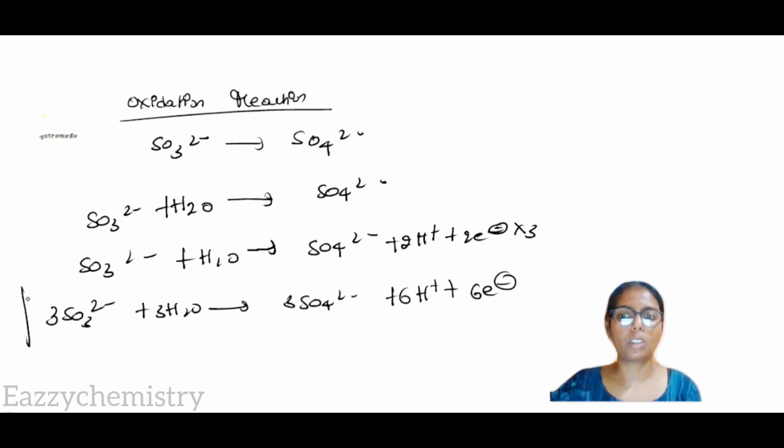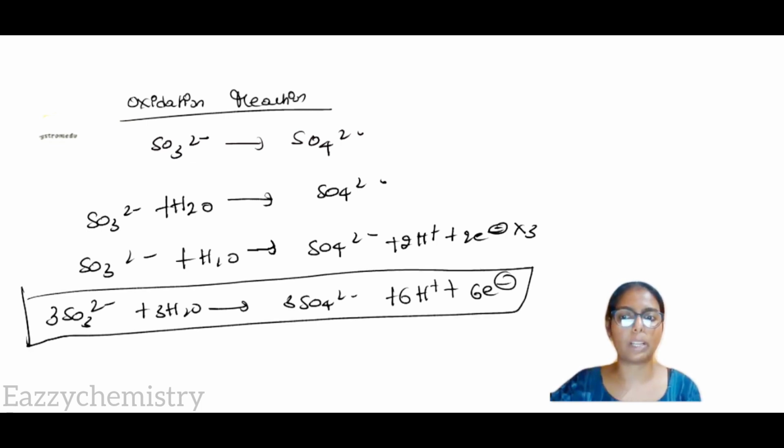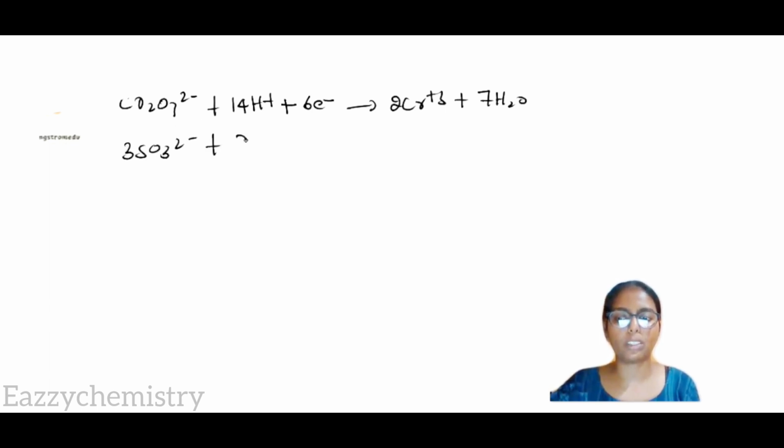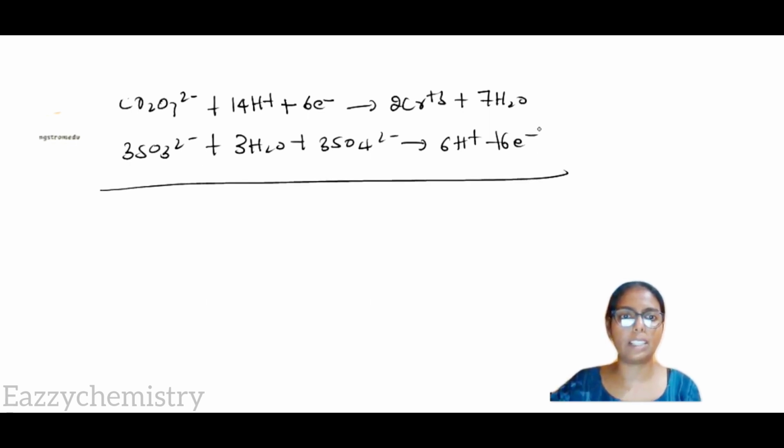So if we add both the oxidation reaction and the reduction reaction, we get the final redox reaction. The reduction reaction is Cr2O7 2- plus 14 H+ plus 6 electrons, giving 2Cr +3 plus 7 H2O, and next 3 SO3 2- plus 3 H2O gives 3 SO4 2- plus 6 H+ plus 6 electrons. After cancelling, the 6 electrons get cancelled. Here 3 water molecules are present and here 7 water molecules are present, so 3 get cancelled and the remainder is 4 H2O.